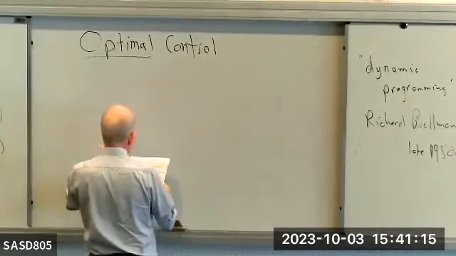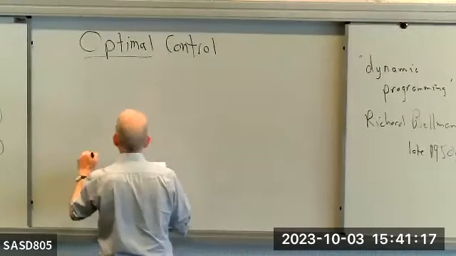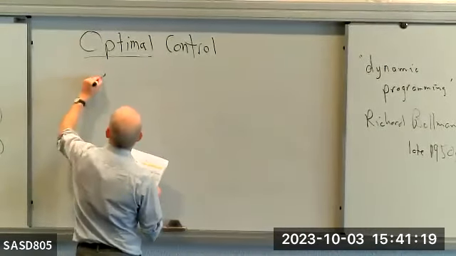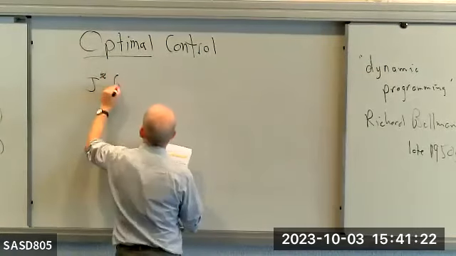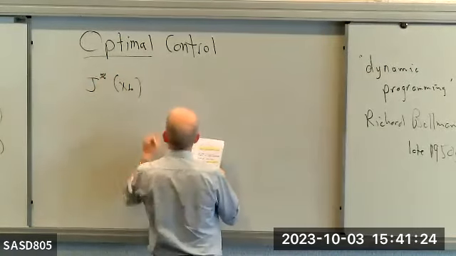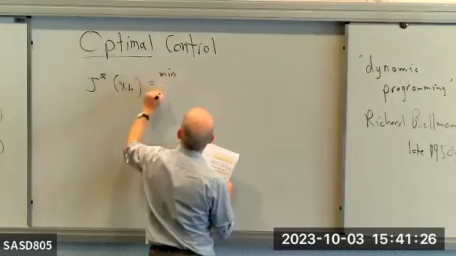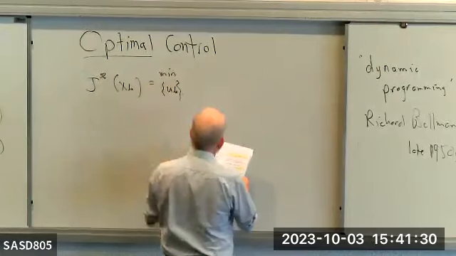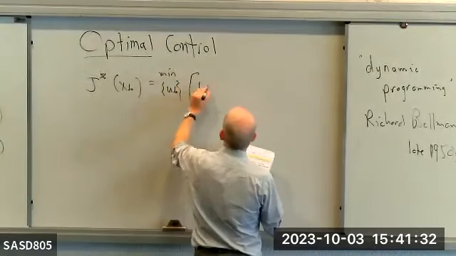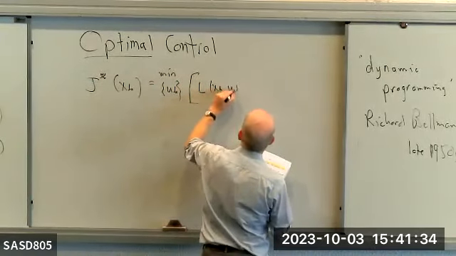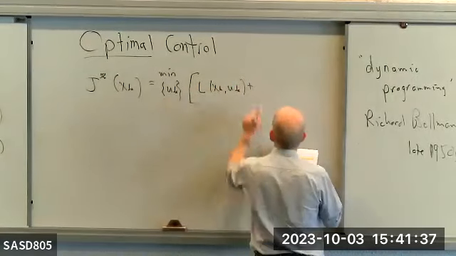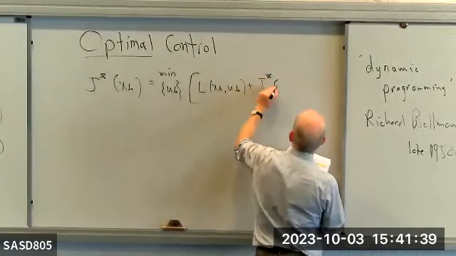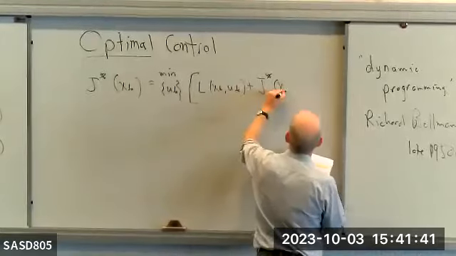So what we can show is that J star of xk is the minimum over all the possible uk that you could choose of L of xk, uk plus J star of xk plus 1.